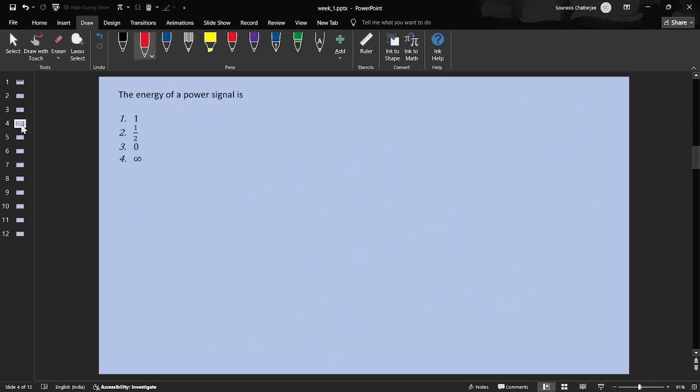So now let us get into just the opposite of that, which is the energy of a power signal. So what is a power signal, by the way? Would you like to comment on that? You have already told me what an energy signal is.